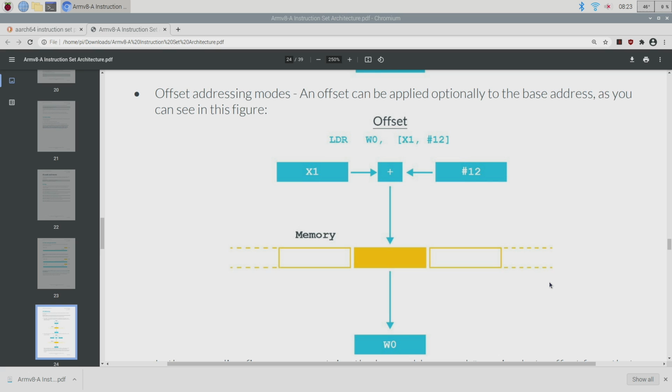Yeah, so this instruction, as it is on the screen, would be loading an entire 32-bit set of stuff. If we wanted to only load an 8-bit, so 1 byte thing, then we would have LDRB for byte, okay? If we wanted to only load in 16 bits for a half word, it'd be LDRH, okay? And if you wanted to load in 32 bits, well, there it is. And 64 bits, we would just replace the W with an X, okay? So it just depends on what size of data we're pulling in, okay?